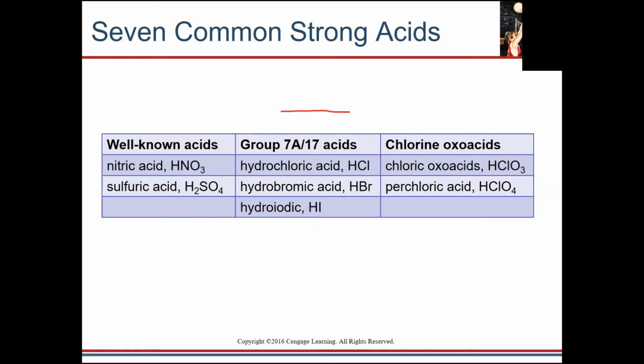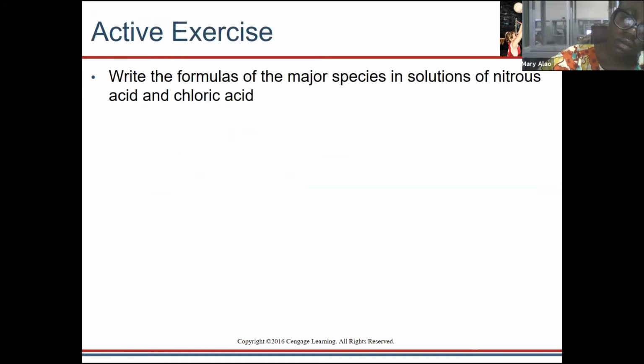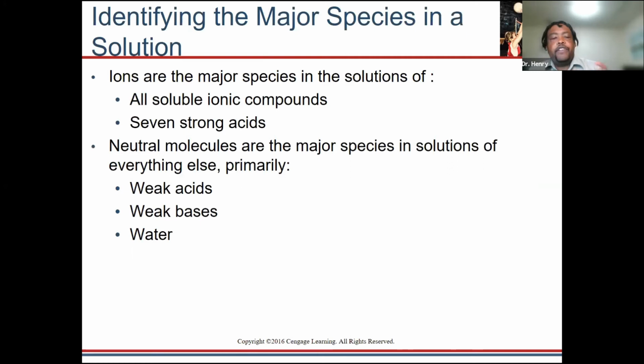Yes. Okay. Okay, so if it's OUS, OUS are typically weak acids. So anything that has OUS is going to be a weak acid.